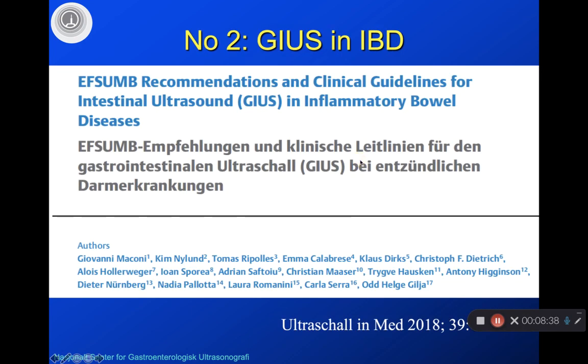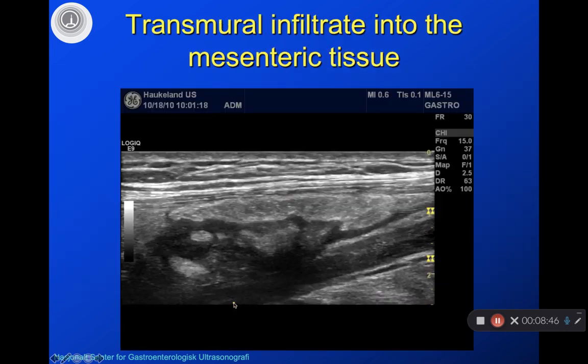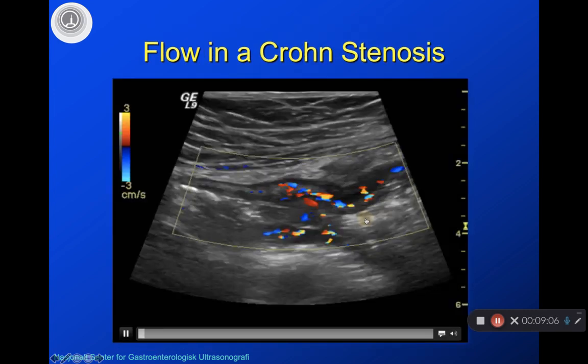Our second guideline was on inflammatory bowel disease, and there will be a separate lecture on that later, so I'll just give a few hints. In Crohn's disease, you can, using ultrasound, observe the typical transmural activity as shown here, where the inflammation creeps through the wall out into the surrounding fatty tissue, which then becomes hyperechogenic.